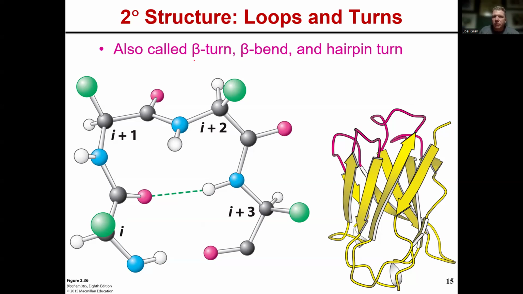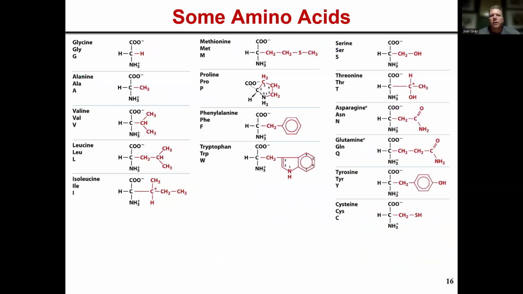When it comes to a beta turn, we have something similar to an alpha helix. Rather than an i to i plus 4 pattern, we have an i to i plus 3, where we still have a hydrogen bond that connects those two. This beta turn is common in a beta sheet. It's basically the turn that makes that sheet possible to form.